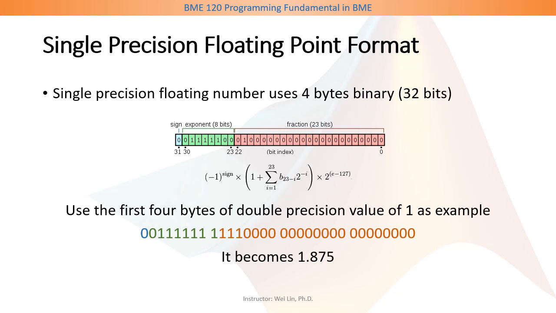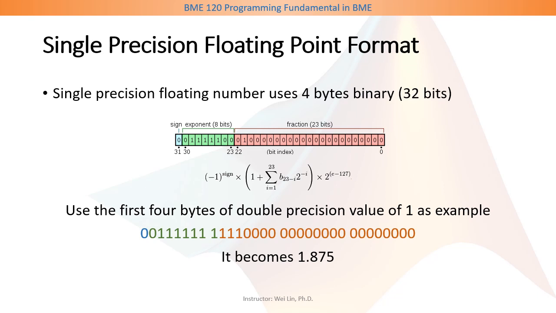The single precision floating number uses 4 bytes of binary, or 32 bits. And you will see the 32 bits are also divided into 3 groups: sign, exponent, and fraction. However, if we try to read it back as a single precision number, MATLAB will group the data in 4 bytes a group, because 4 bytes will be one single precision number.